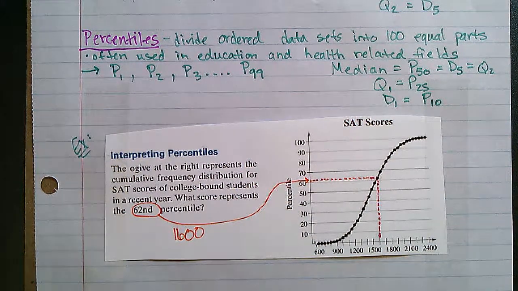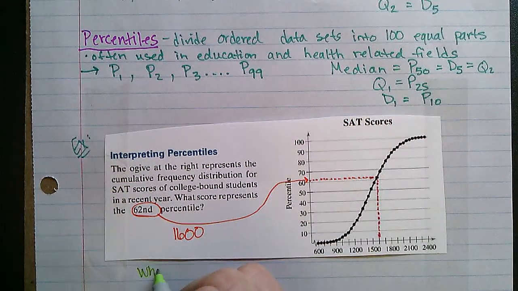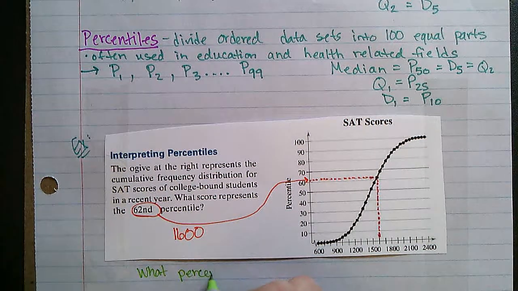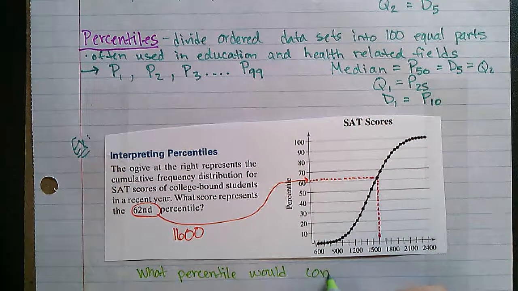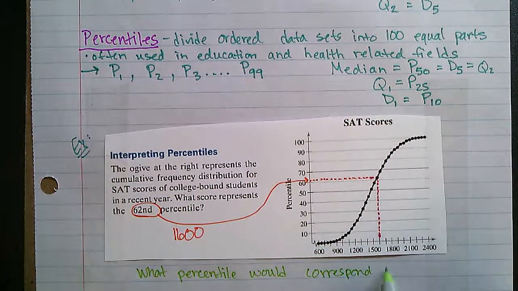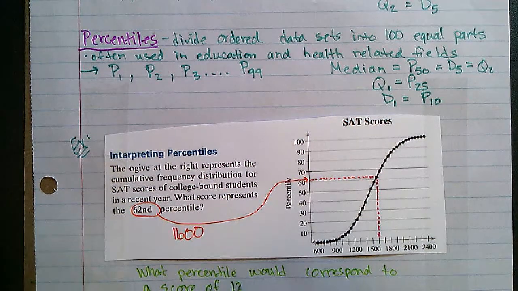We can also read this the other direction. So what if I wanted to know what percentile would correspond to a score of 1200?